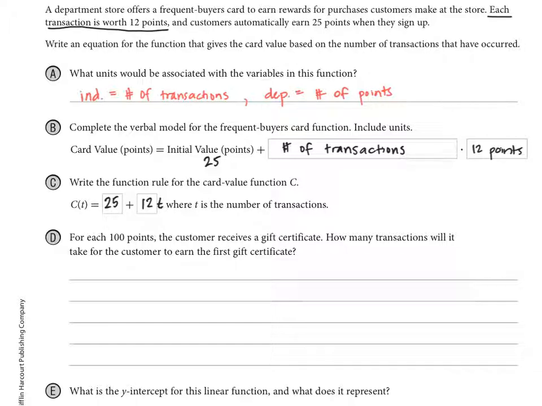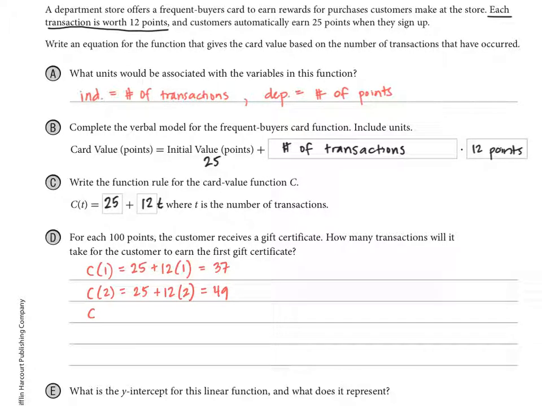What I mean by that is we can just plug in 1 and figure out how many points the card value will be at one transaction. C of 1 is going to be 37 once I calculate that out. C of 2 is going to be 25 plus 12 times 2. So 12 times 2 is 24, plus 25 is 49.